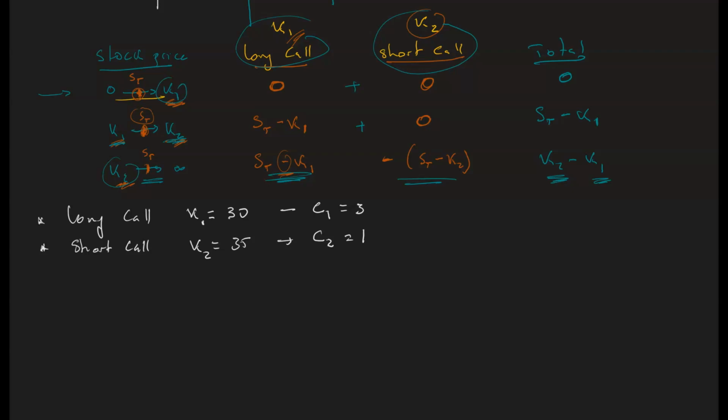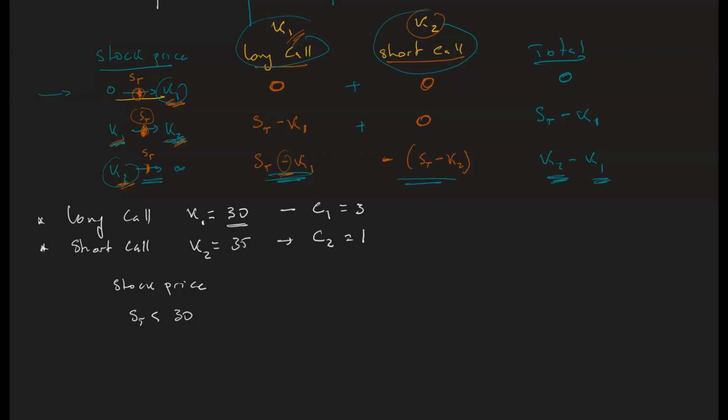What is the payoff in this case? Well, the payoff is going to depend on where the stock price is, and that's simply going to replicate what we have up there. So let's say the stock price can be below the strike price of the long call, below 30.